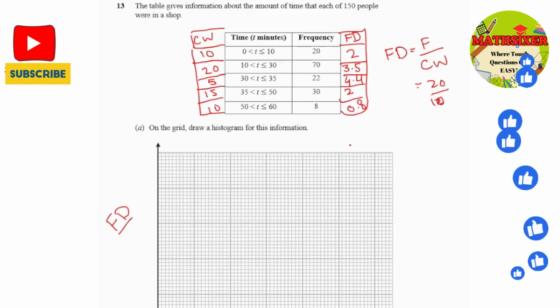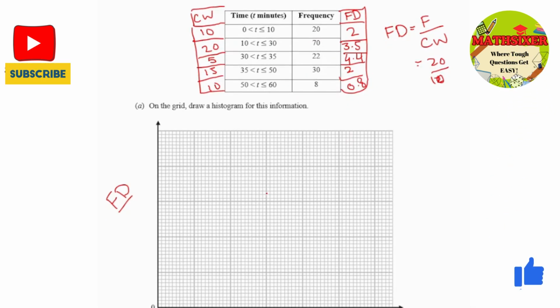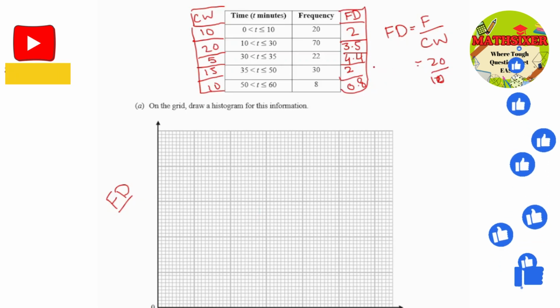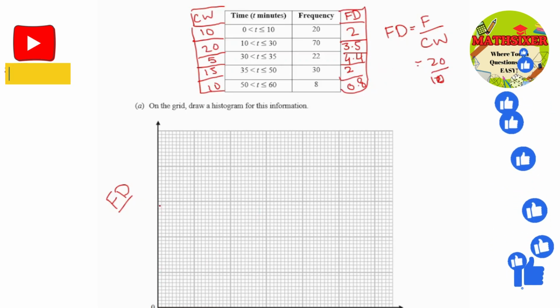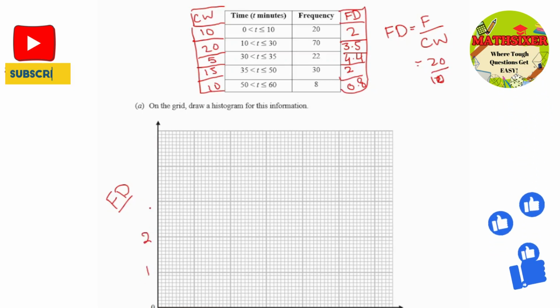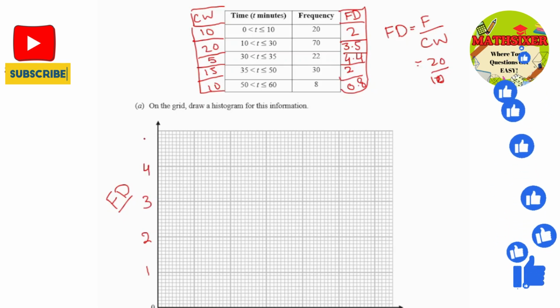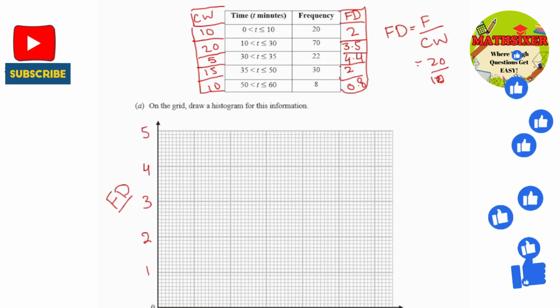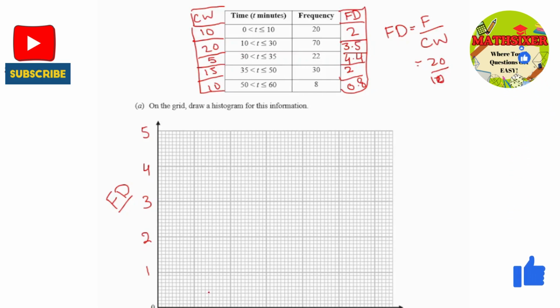So now we need to sketch our frequency density. So you can go to the maximum value we have. If we count 1, 2, 3, 4, and 5, this one is 1, this one is 2, 3, 4, and 5. Okay, so the first frequency is from 0 to 10.